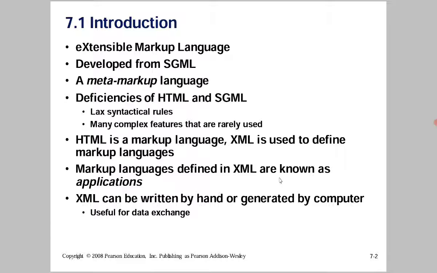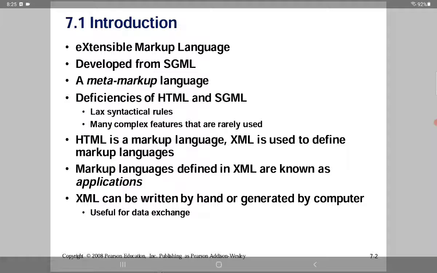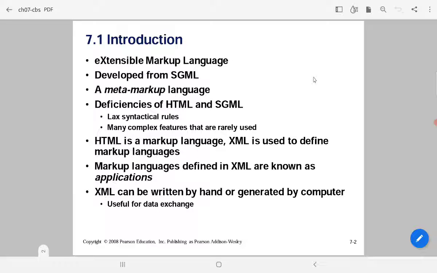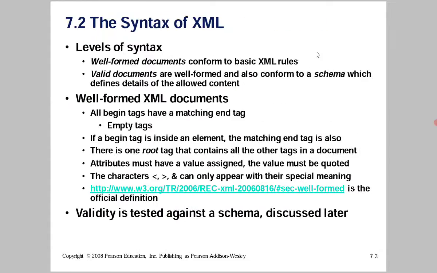HTML is a markup language, whereas XML is used to define markup languages, means multiple. HTML is a single markup language, whereas XML is used to create multiple markup languages. So that is the main difference between XML and HTML.